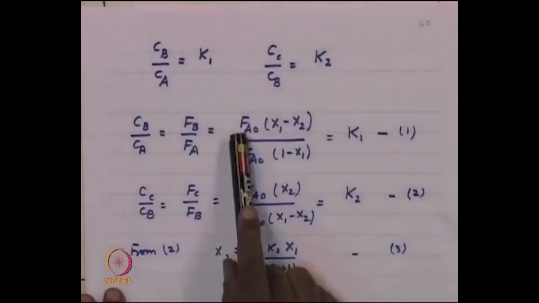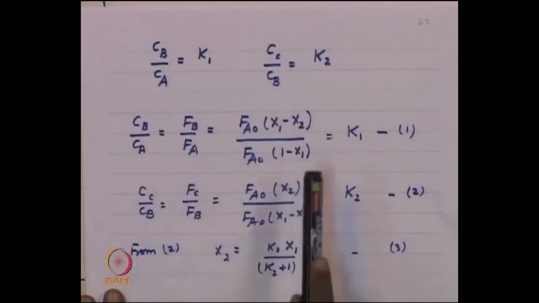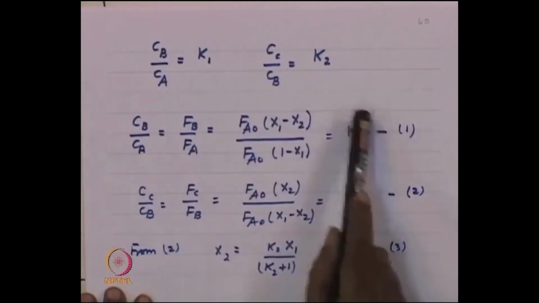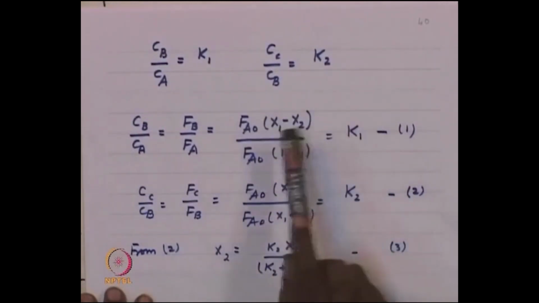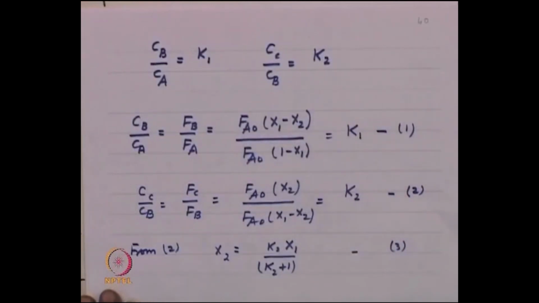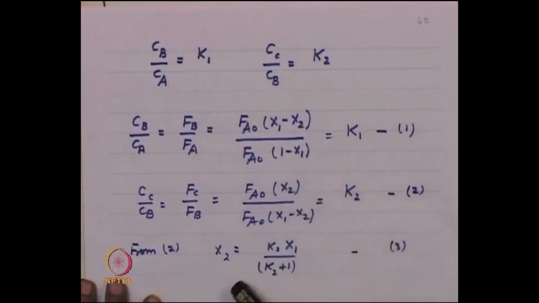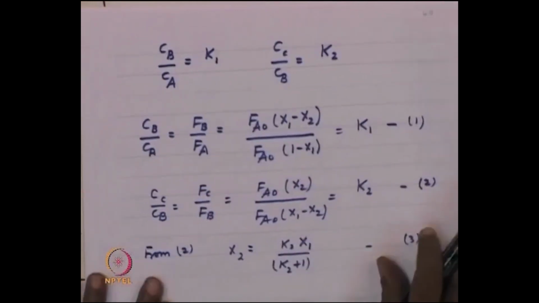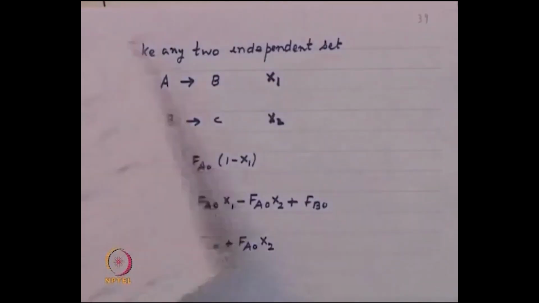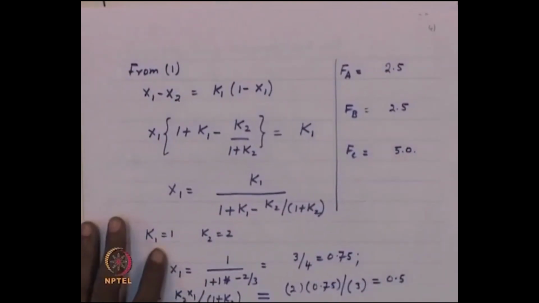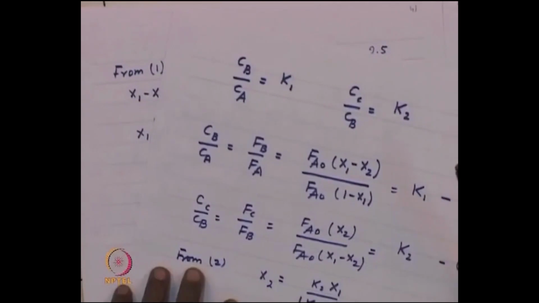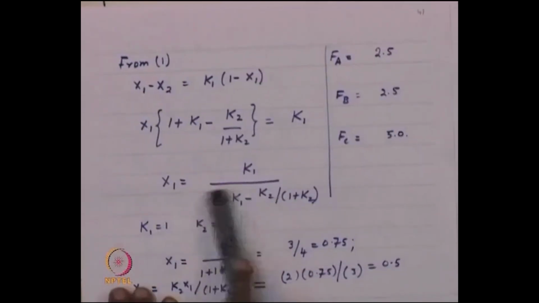So, F B is F A 0 times x 1 minus x 2, F A is this, F C is this and F B is this. So, this gives you 2 equations in x 1 and x 2 involving K 1 and K 2. So, you can find x 2 from this equation, straight away it is K 2 x 1 divided by 1 plus K 2. And you can take it forward, and from equation 1 we can resolve this and say that x 1 is this.